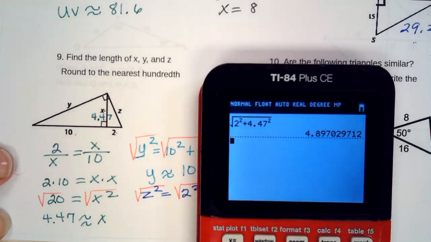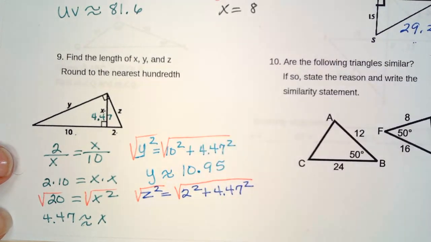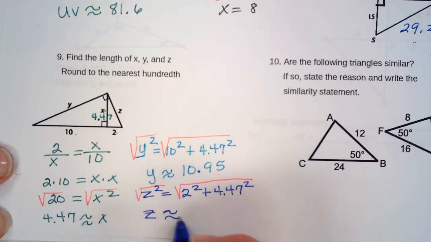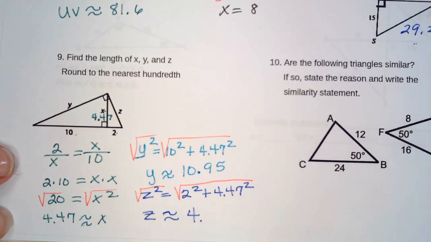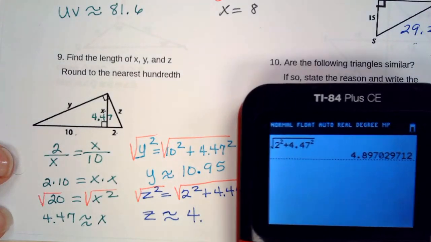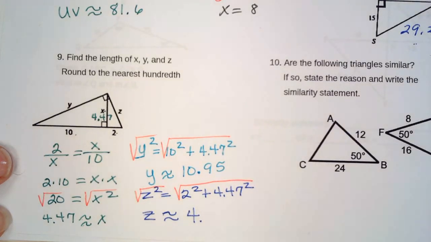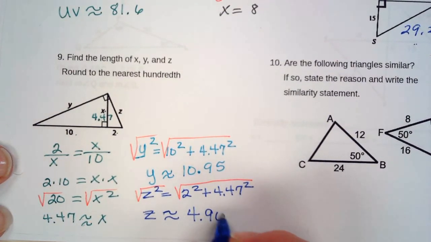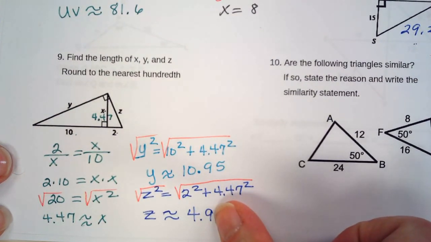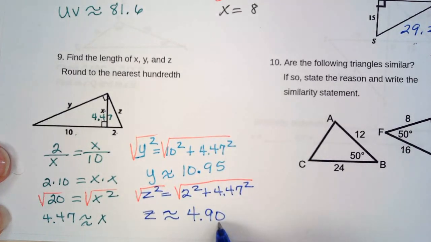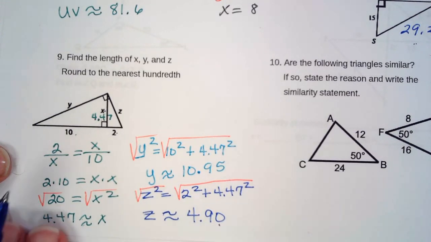I hit enter and I get 4.897, which is approximately 4 point, we're going out to the nearest hundredths. So the 9 rounds up to 10 and the 8 rounds up to 9, so this is 4.90. If you put 4.9, you would not be correct because you're rounding to the nearest hundredth. You have to put that 0 there as a placeholder.